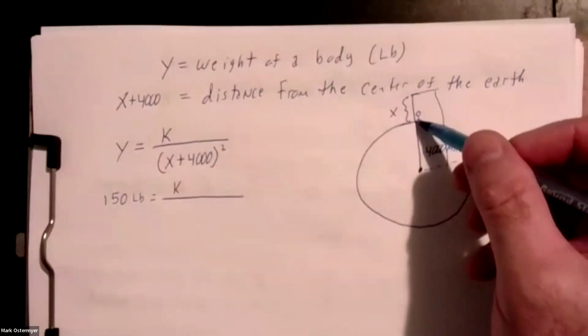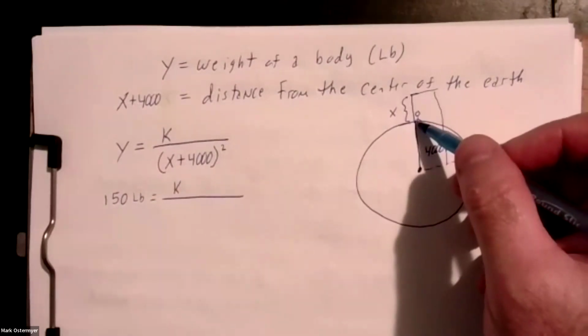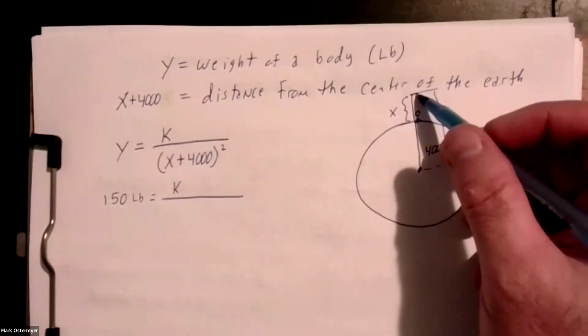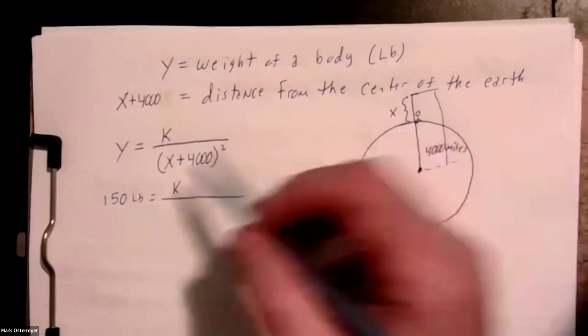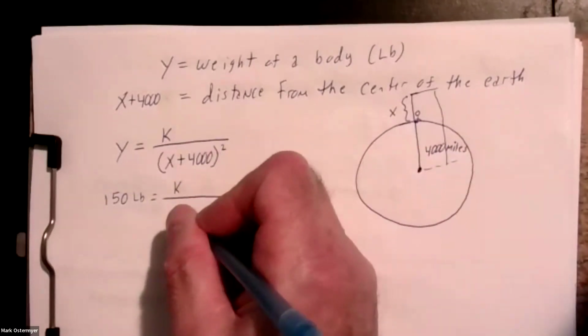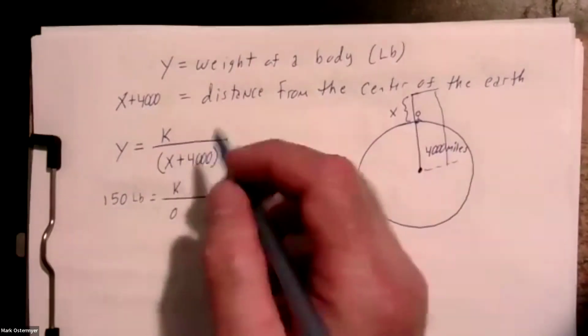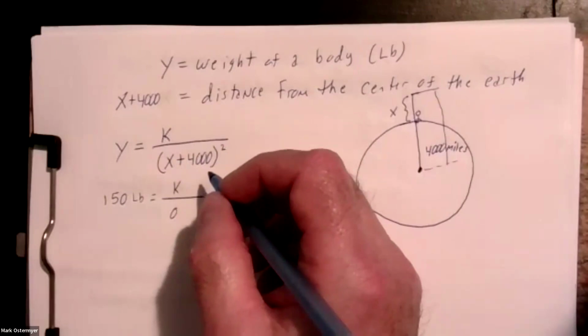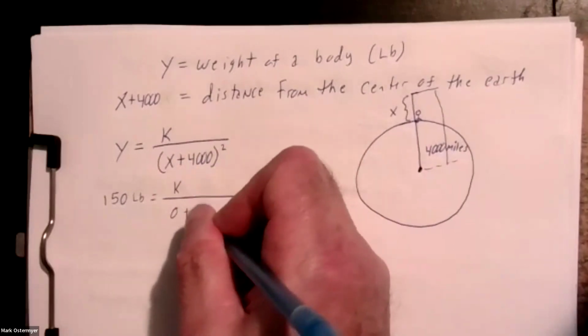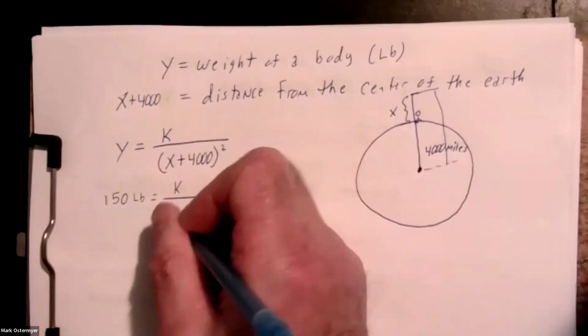If she is 4,000 miles away from the center of the earth, meaning she's on the surface, she's not above the earth's surface. So X would be 0 here, meaning she's 0 miles above the earth. We'd have to square this.